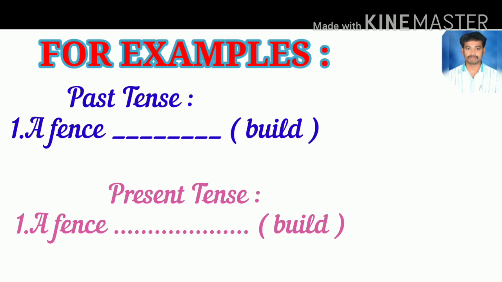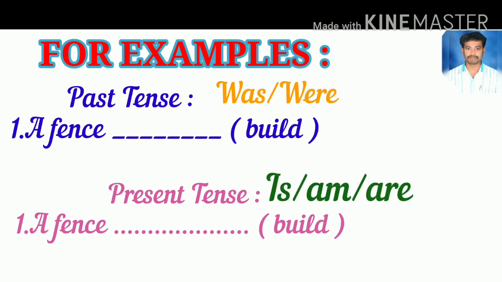In the past tense we use be form auxiliary verbs, as I told you in the rule, that is was or were. In the present tense, is, am, are. For singular in the past tense was, for plural were. In the present tense for singular is, and if there is I especially, I use am, and if it is plural we use are.